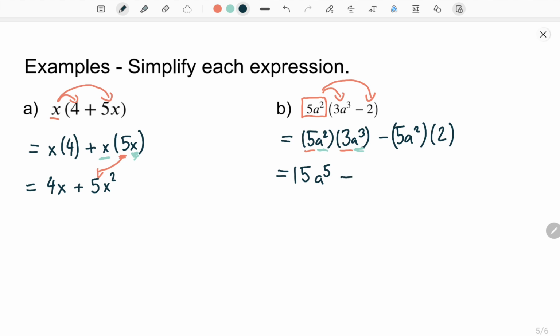Next we have 5a squared times 2. You're multiplying the 5 and the 2 together, 10, and you only have the a squared. It's not multiplying by any other variable, so you can leave it as a squared. And again, you can't combine those two terms because they are not like terms. They don't have the same exponents.